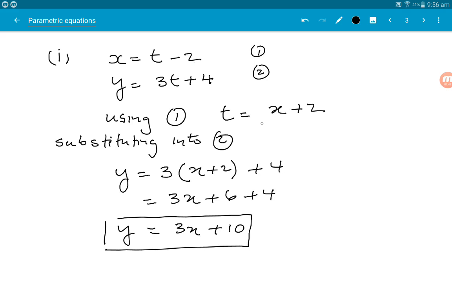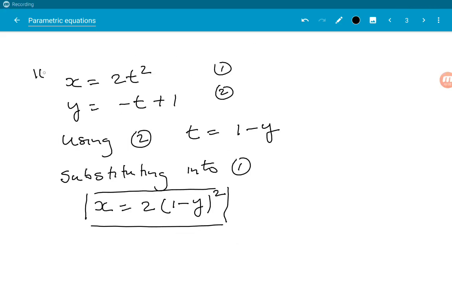I now substitute that result in for y. So y is equal to 3(x plus 2) plus 4. Expand the brackets and simplify. y equals 3x plus 10. And this is obviously the equation of a straight line with gradient 3 and y-intercept 10.